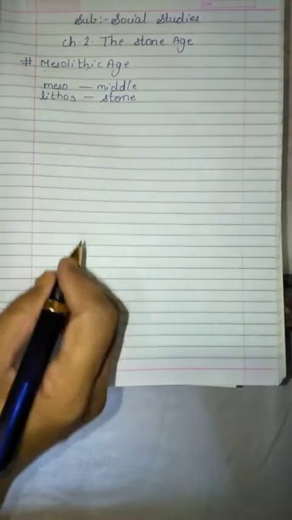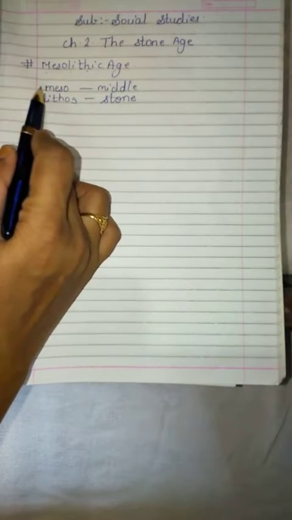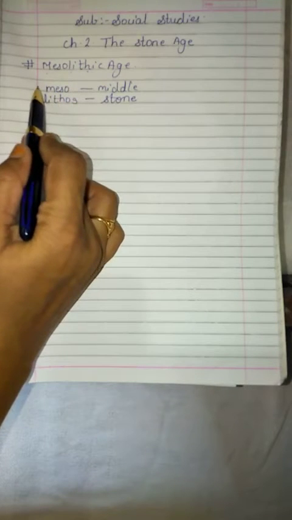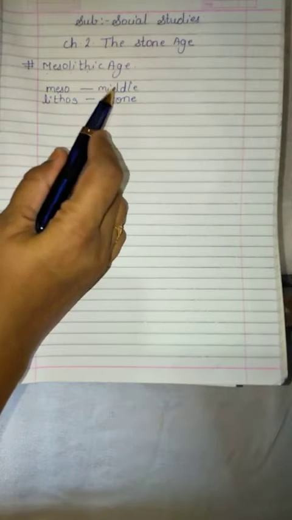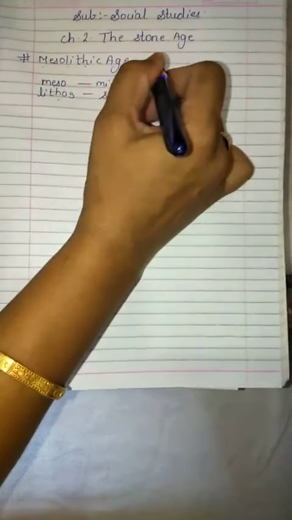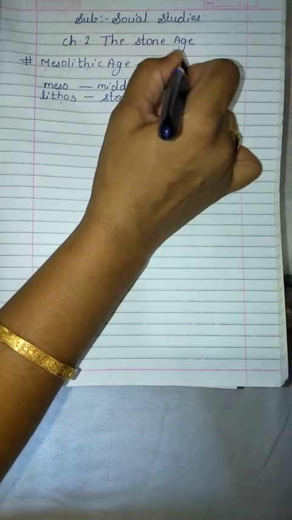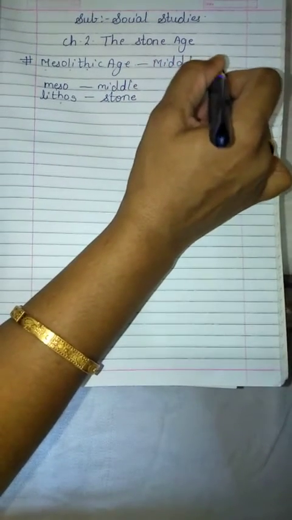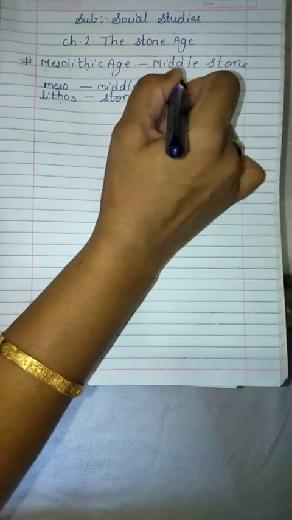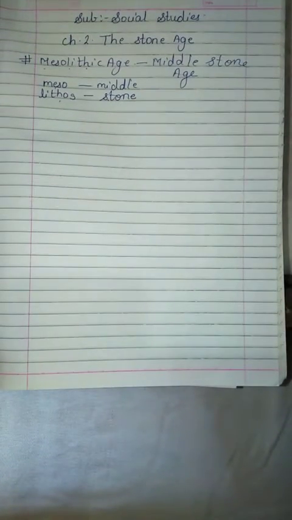Therefore, the Mesolithic age is also called the Middle Stone Age.